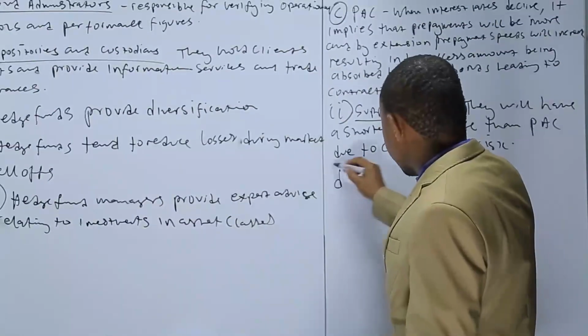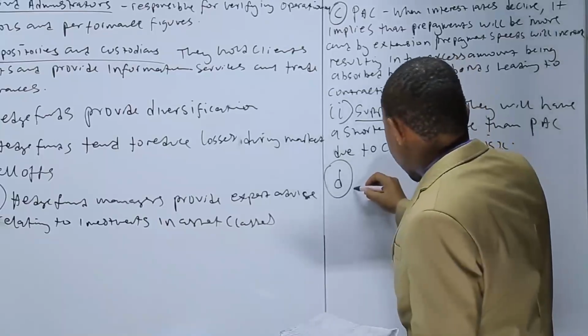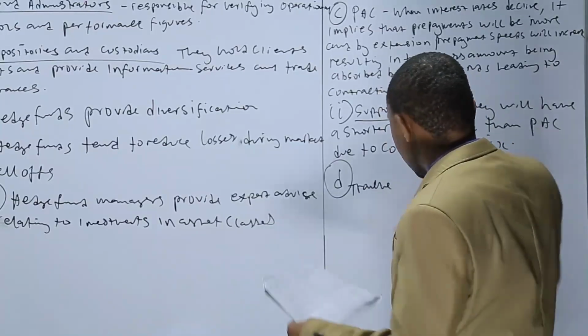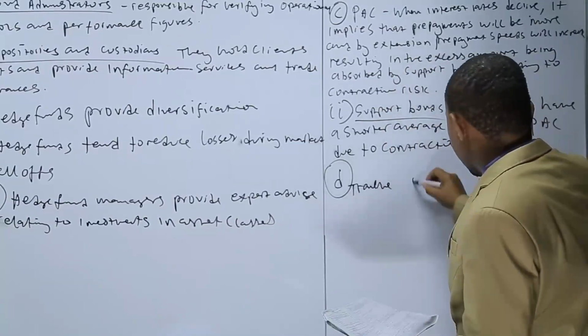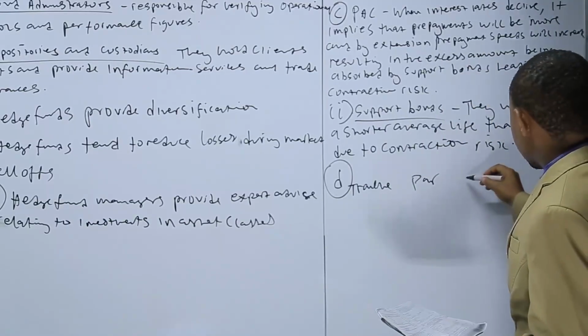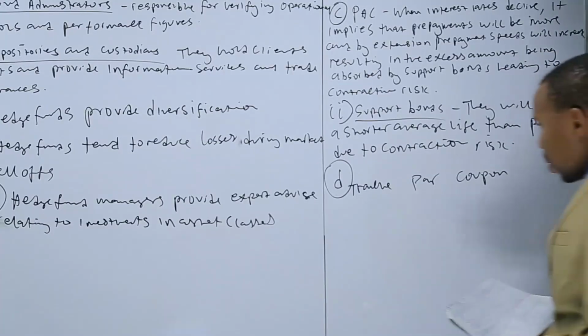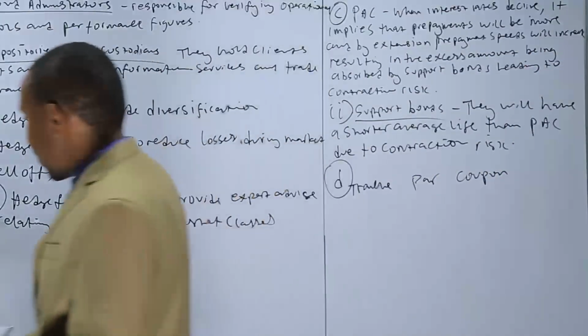So we have D there, and we can arrange like that. So we have tranche, par, and then we have coupon there. Or probably maybe I can skip to this other side.